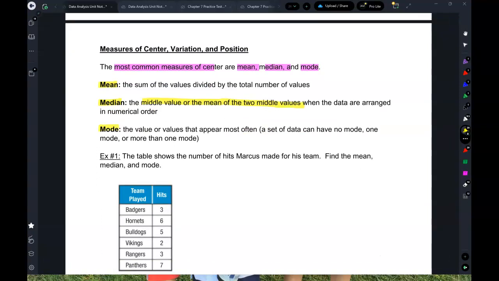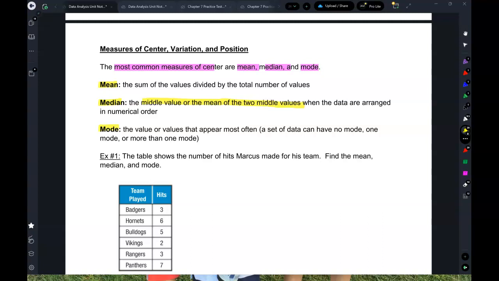The mode is the value that appears most often. So suppose 100 people took a test, and you have all of their grades. Let's say 3 people got 87s, and 5 people got 84s. 84 is the mode because it occurred the most number of times.